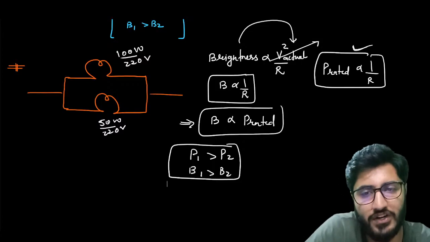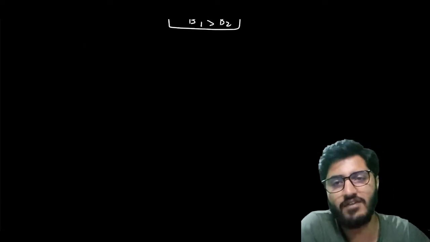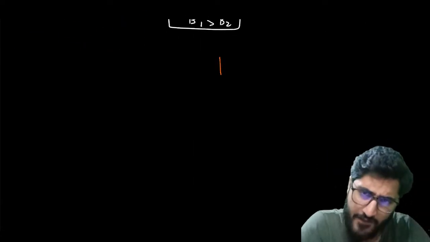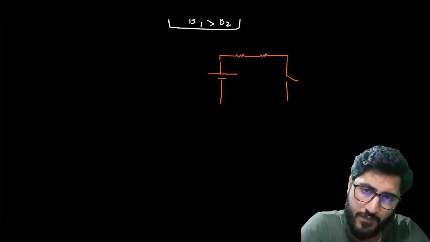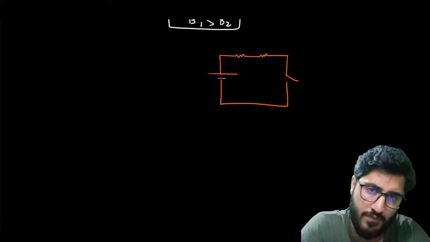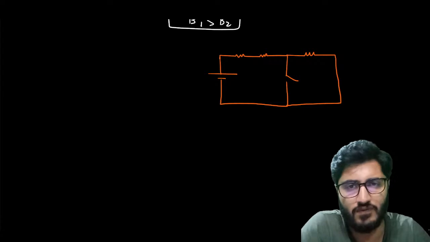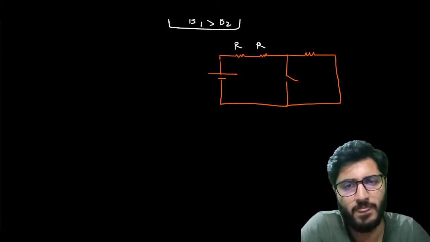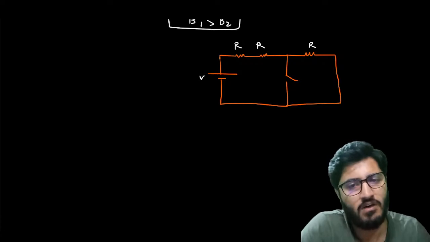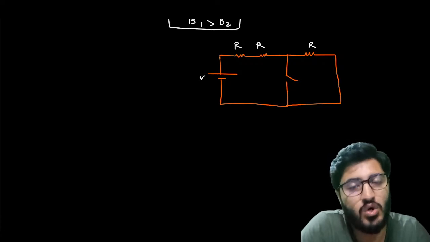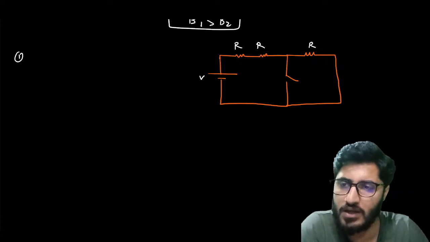Okay, one more interesting numerical. If we have a system like this, look now, with values R, V. First part, when the key is open.